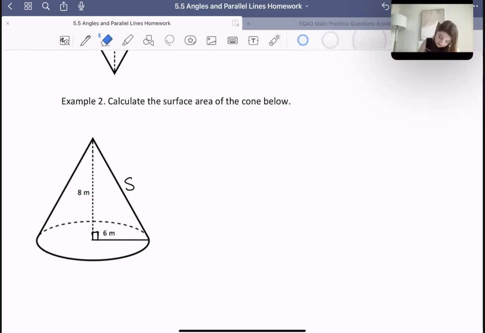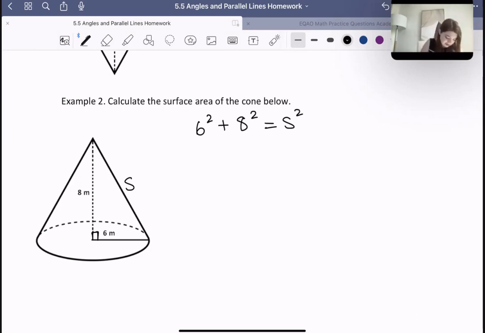So basically, we know that a squared, which is going to be 6 squared in this case, plus b squared, which is 8 squared, is equal to c squared, which in this case is our slant height squared, s squared. The squares of the two sides adjacent to the right angle, added up, are equal to the square of our hypotenuse.